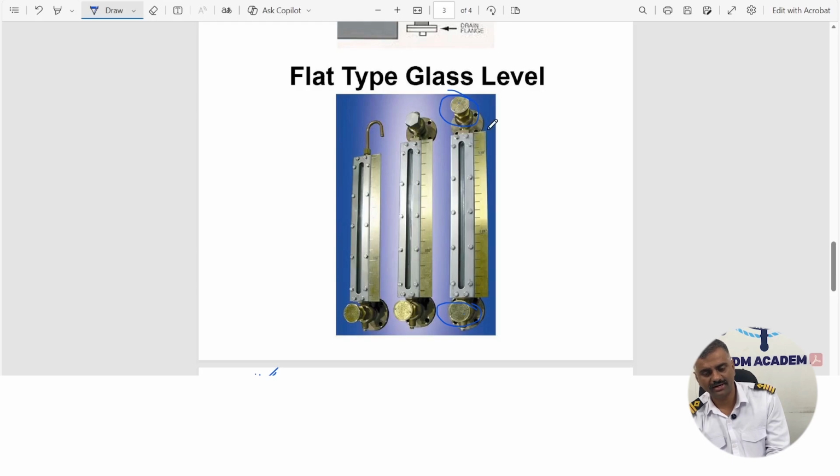This is a spring loaded self closing valve, mostly fitted on oil tanks, so that if the glass breaks, there will be no oil coming from inside, no oil leakage, and no chance of fire. To protect the contents of the tank and the engine room from catching fire, it is fitted with a self closing arrangement. So even if the glass cracks, nothing will come out.